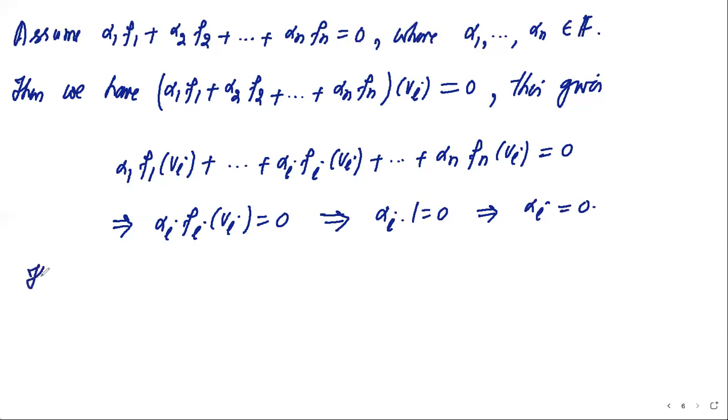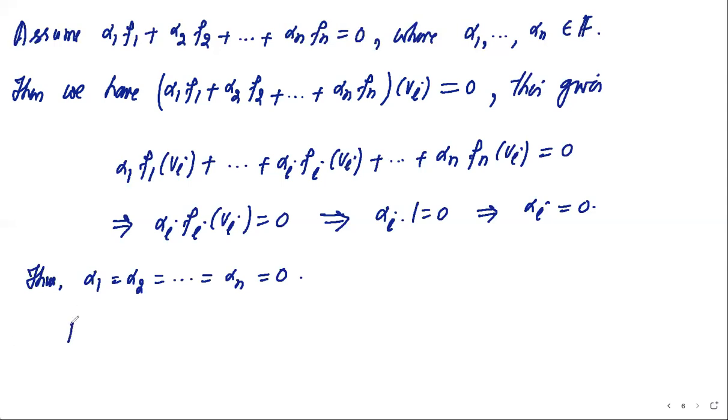So if we replace this i by 1, then 2, then 3 up to n, we will get every alpha i equal to 0. So alpha 1, alpha 2, and so on, alpha n are all equal to 0. This means that f1, f2, fn form a linearly independent set.